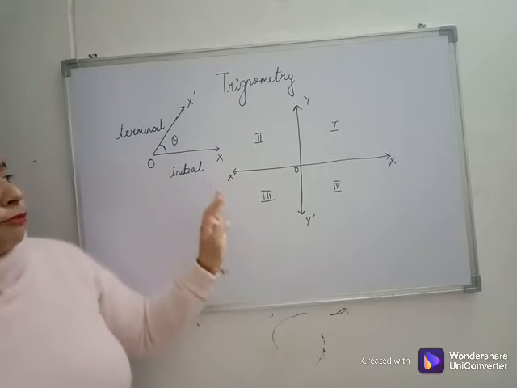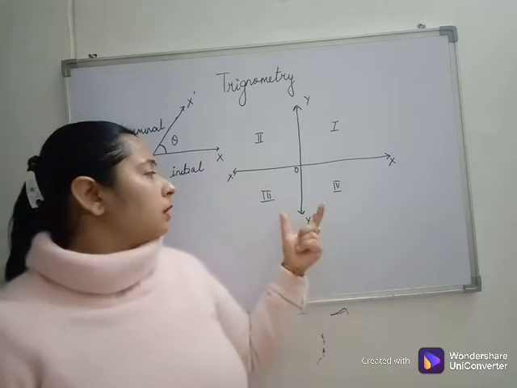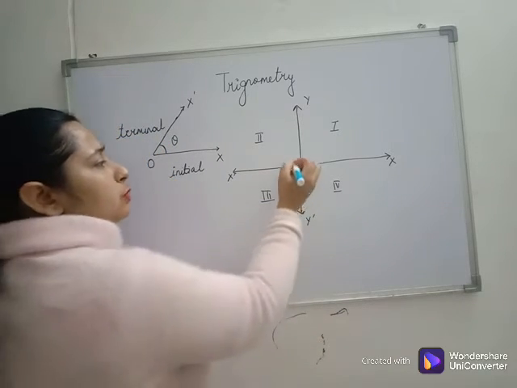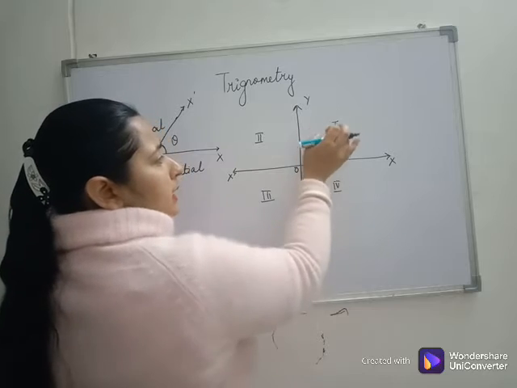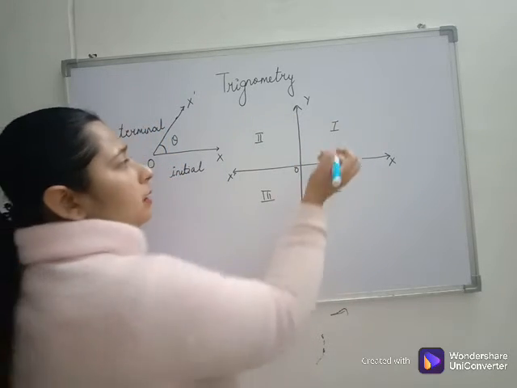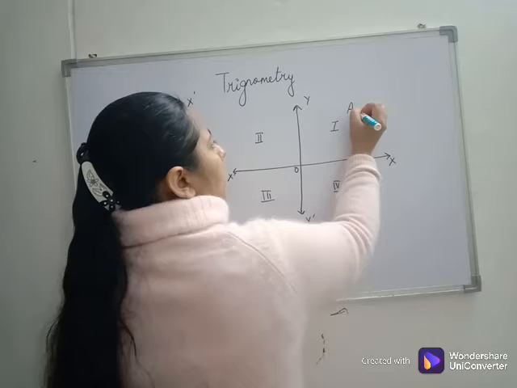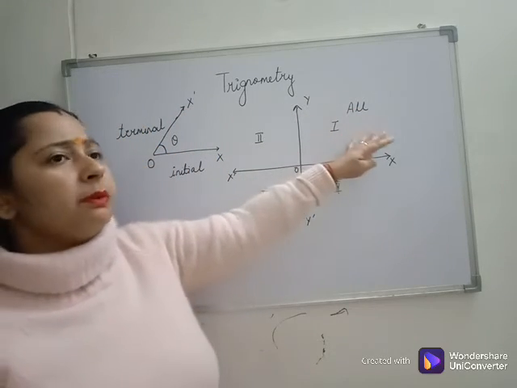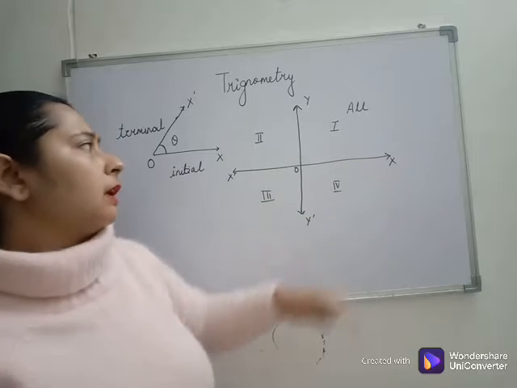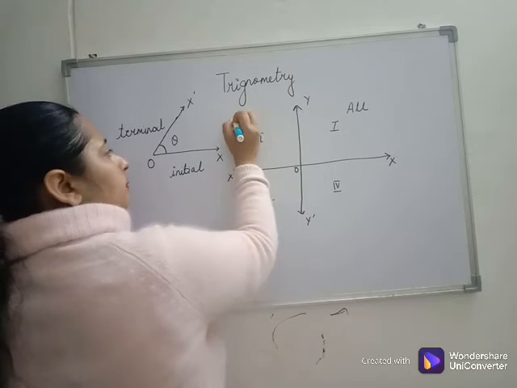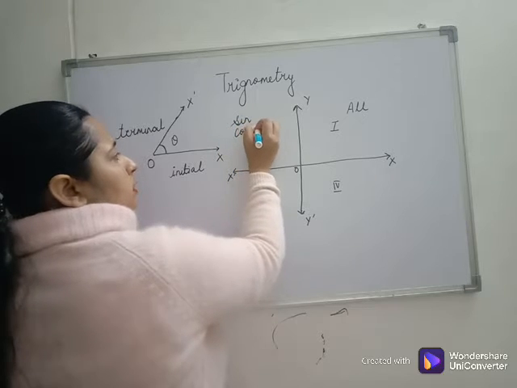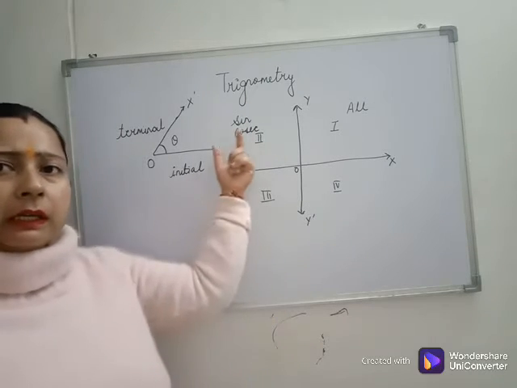As I have already explained in my previous lecture about sines and cosines, now let me discuss a few things about your quadrants. When your angle is between 0 and 90 degrees, all the sines, cosines and tangents will be positive. In the second quadrant, only sine and cosecant will be positive, and the rest will be negative.